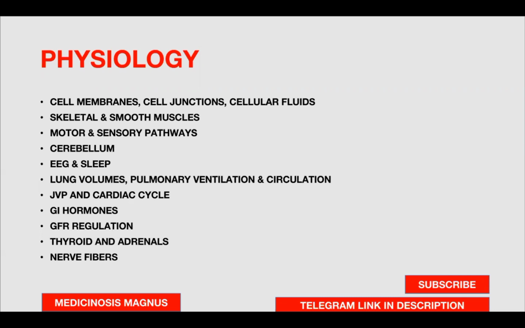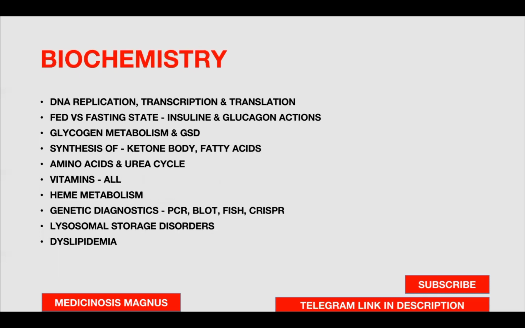Then lung volumes, pulmonary ventilation and circulation, JVP and cardiac cycle are very important. GI hormones are very, very important. Make sure you know which of the hormones do what action, what type of cells it comes from, all those things. GFR regulation, thyroid and adrenals, nerve fibers. It's also very important.